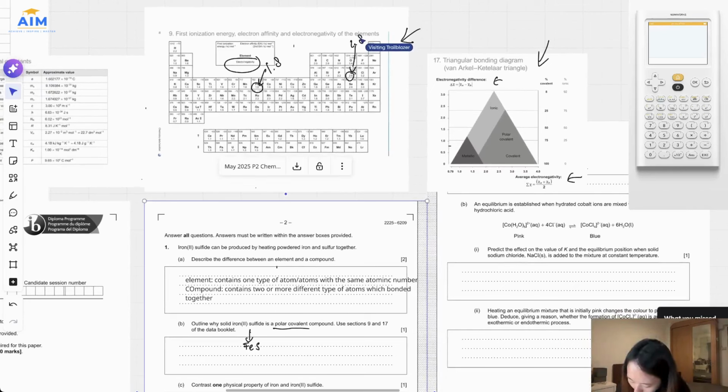Here, delta x means the difference between the larger electronegativity minus the smaller one. The larger one is sulfur, 2.8, minus the one for iron, 1.8.